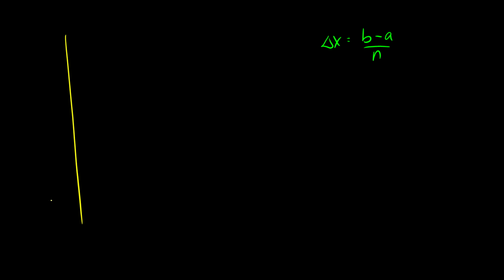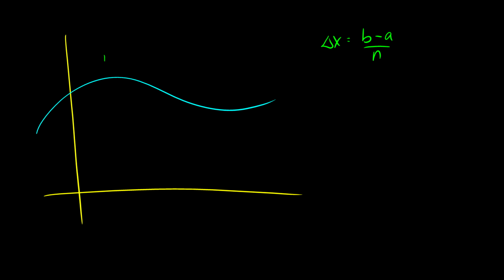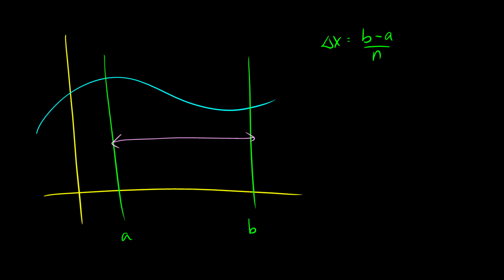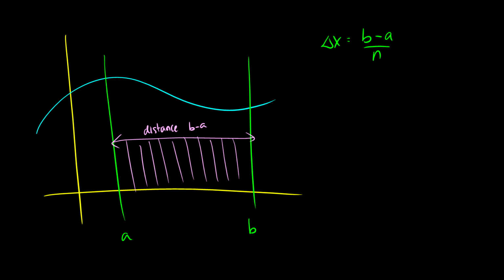So we'll draw a nice graph here, and we have this great curve. This will be our a, this will be our b, and what this means is we take the total distance, which is b minus a, so this distance again is b minus a, and then we chop it up into n intervals.